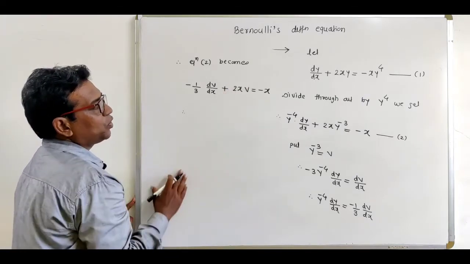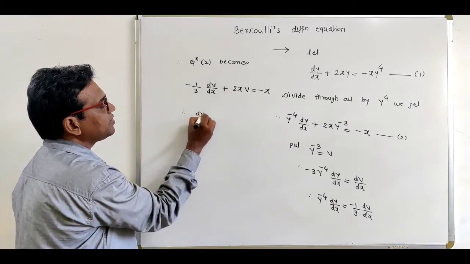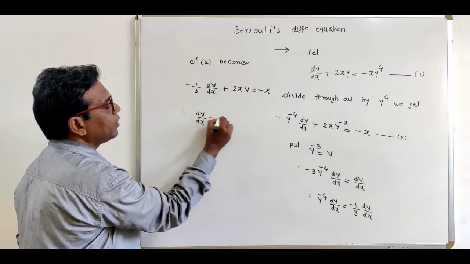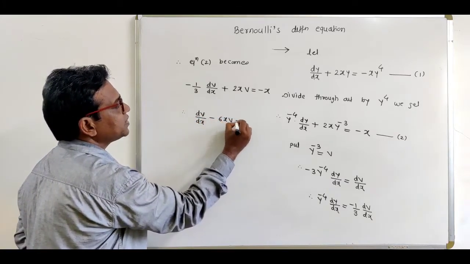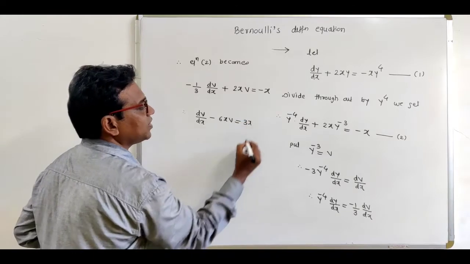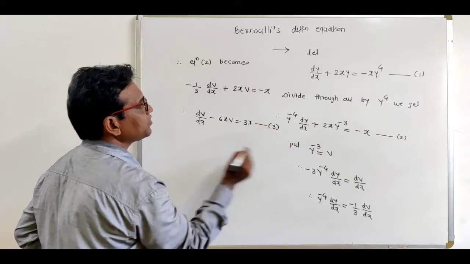So multiply throughout by minus 3, and we get dv by dx minus 6xv is equal to 3x. So this is our new equation, which is equation number 3.